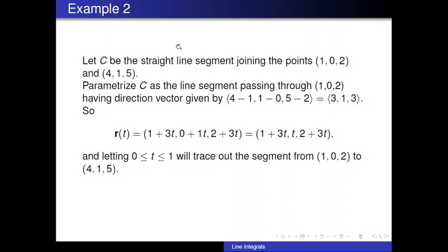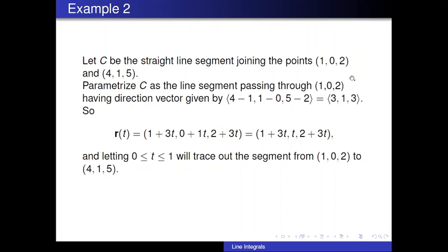So that displacement vector is given by the difference of respective components. Its first component is 4 minus 1, which is 3. Its second component is 1 minus 0, which is 1. And its last component is 5 minus 2, which is 3.